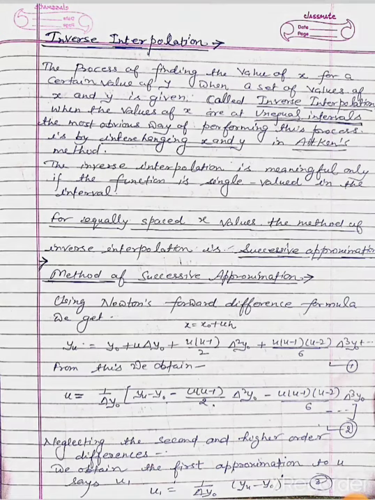Now we take into account this value of u1 for the second approximation, and this second approximation is considered by taking the terms up to the second order differences, meaning up to the terms del square y0.